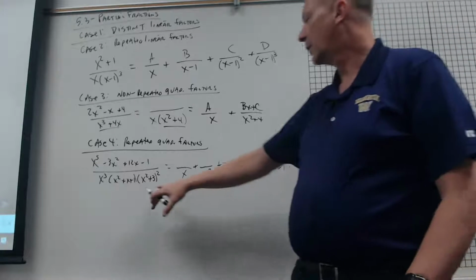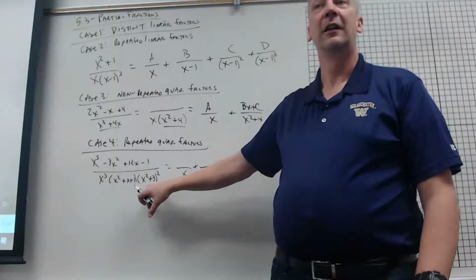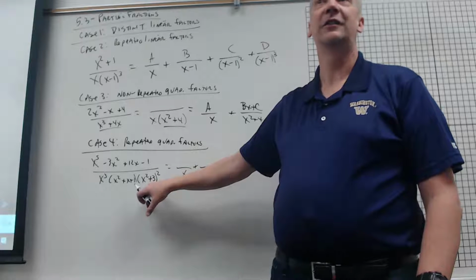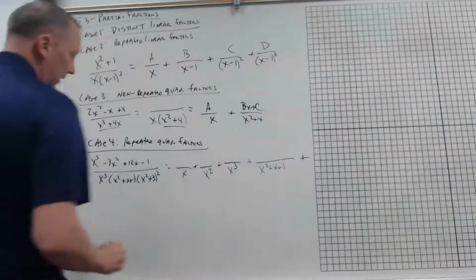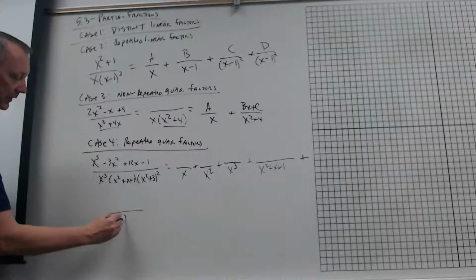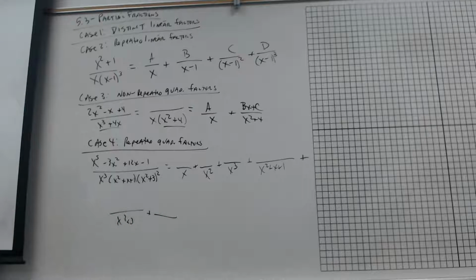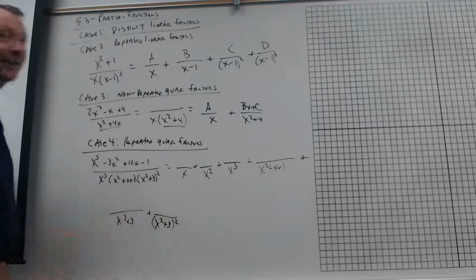Plus, what is this? That's quadratic. That's a repeated quadratic. So what do you think we do with that? That's going to be something over x squared plus 3 plus something over x squared plus 3 squared.